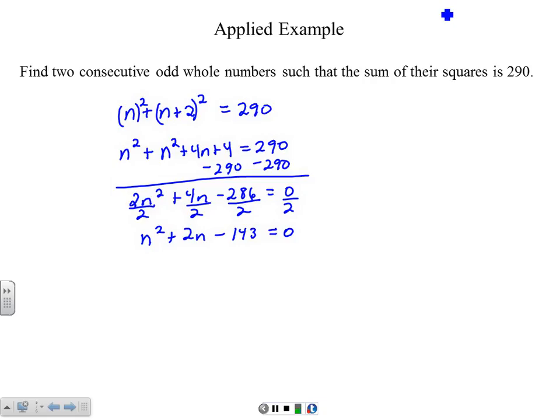I don't know if there's something that you can multiply together to get negative 143, but add together to get 2. So I can't do that off the top of my head. So I'm just going to use the quadratic formula. So we're going to have the opposite of b plus or minus the square root of b squared minus 4 times a times c, all over 2 times a.